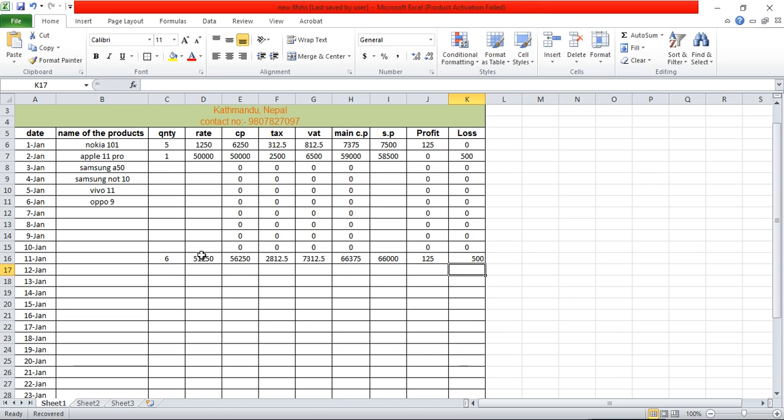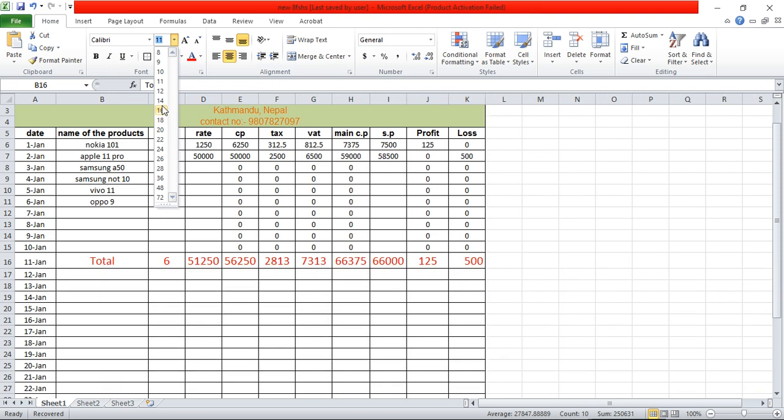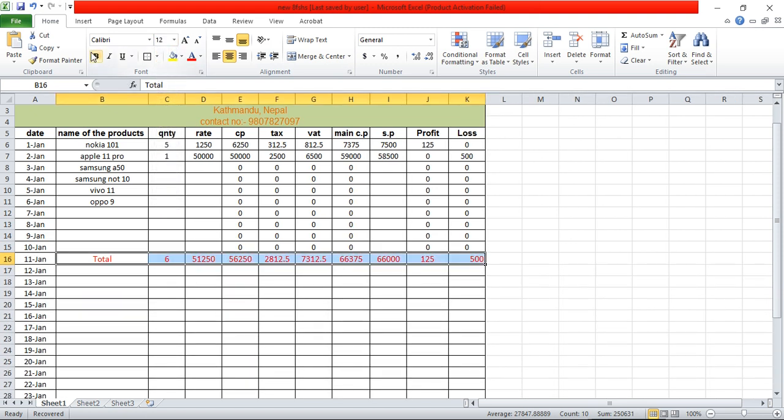So everything is set up, and here we can write total. Okay, and we can distinguish this by a different color to make us understand that this is the total of all the ongoing situations. Increase the size a little bit, make it bold, or change the font.